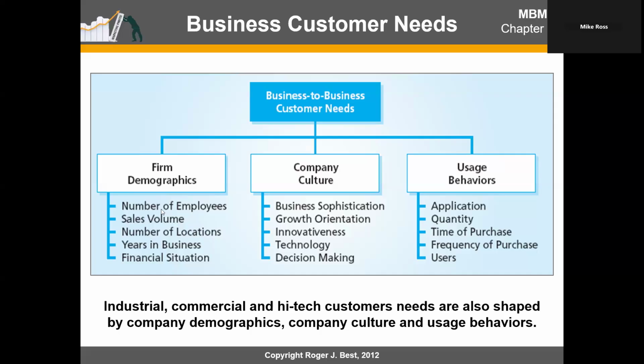Well, how large is the company? How many employees? How much do they sell? Do they have one location or 1,000? How long have they been in business? Financial situation: are they an industry leader, very solid financially, or are they sort of on the edge? Are they going to survive the next recession, kind of stuff?